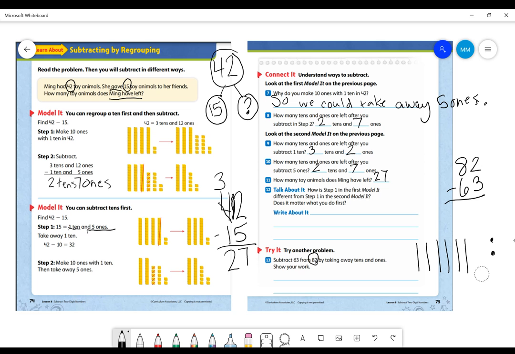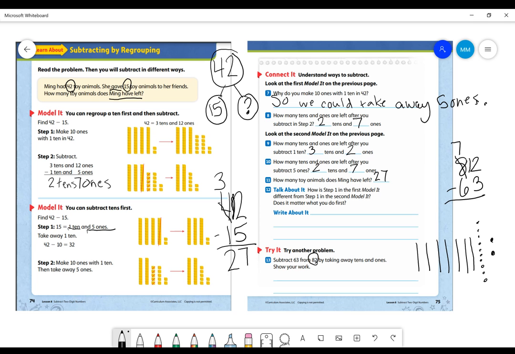So my tens place is being super nice, and I'm going to bust up one of my tens. So now I'm down to 7 tens, and I'm adding a 10 to my ones. So 1, 2, 3, 4, 5, 6, 7, 8, 9, 10, 11, 12 ones.